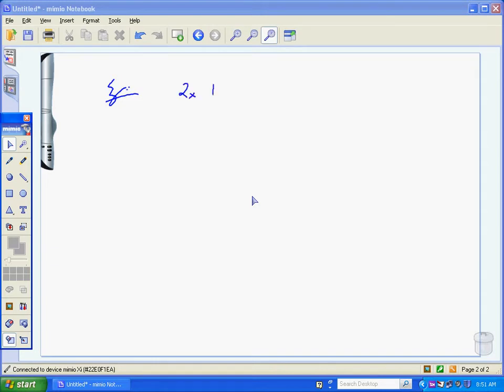No, we'll just do a linear versus non-linear. Let's do that one. Okay.